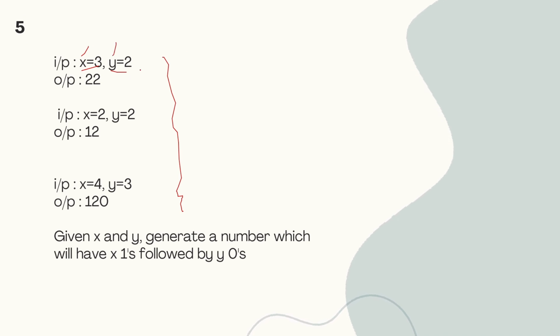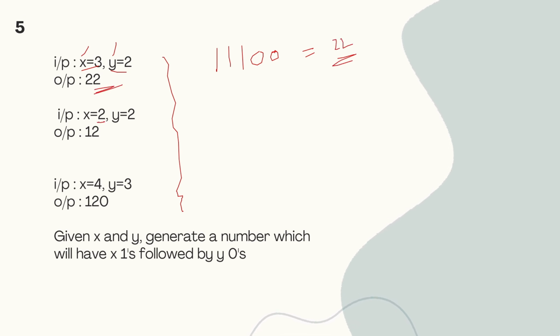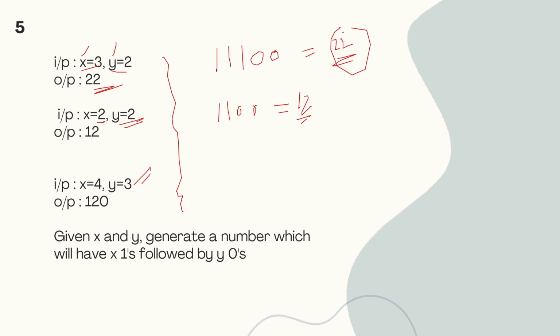You will have three ones, that means 1 1 1, and two zeros, 0 0, and you have to find the decimal representation of it, which is 28. Similarly, x is 2, that means two twos, and y is 2, that means two zeros. So the answer here is 12. And similarly for this example also. So you need to generate the output as something like this.